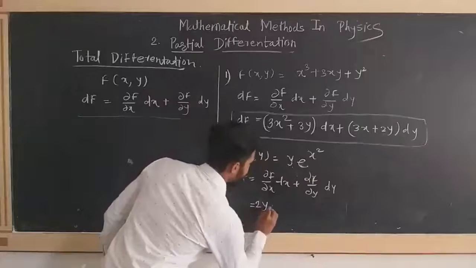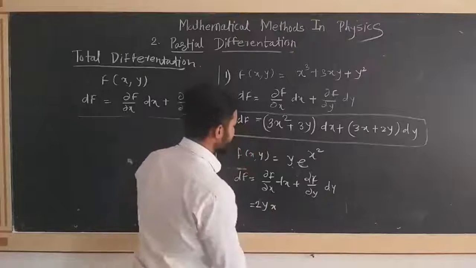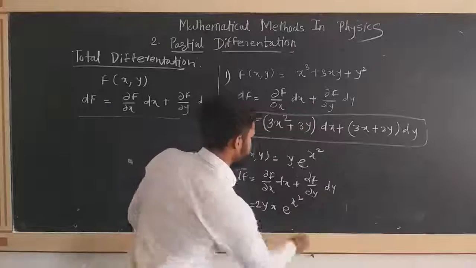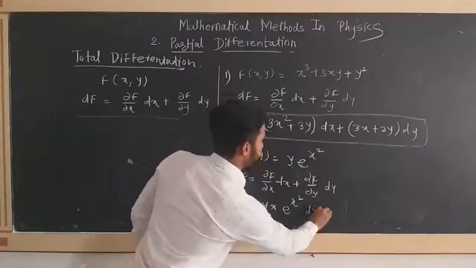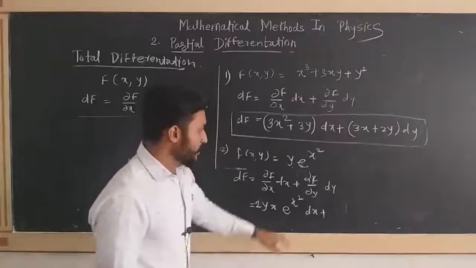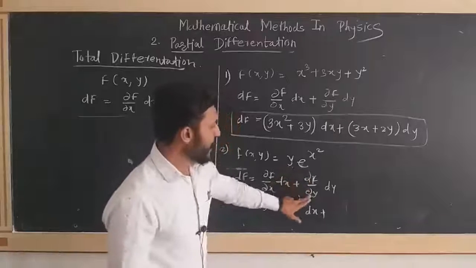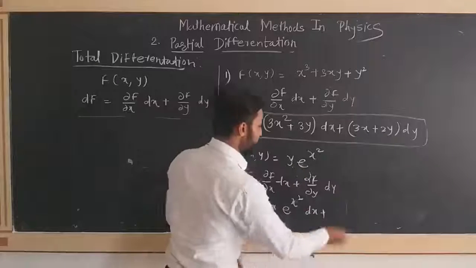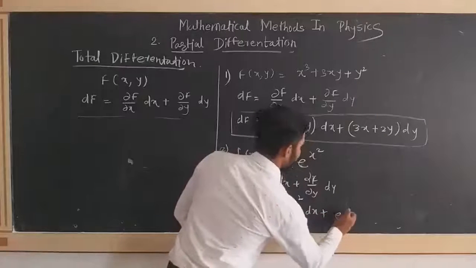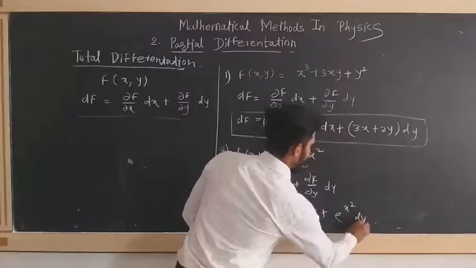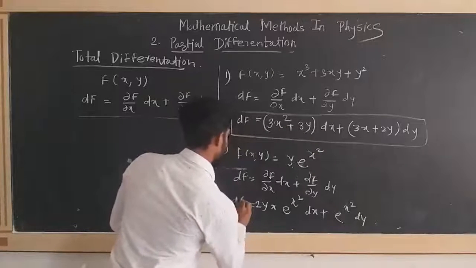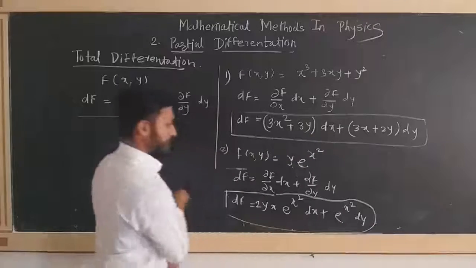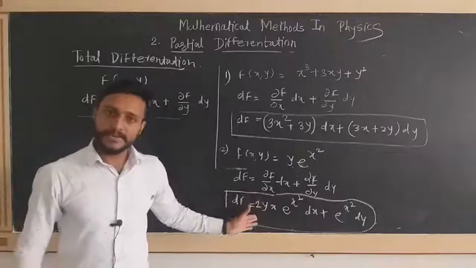So we can write 2x e^(x²) dx plus. Now differentiate this function with respect to y. Okay. So the constant stays as it is, e^(x²) dy. So this is the total differentiation of the given function. I hope it is clear.